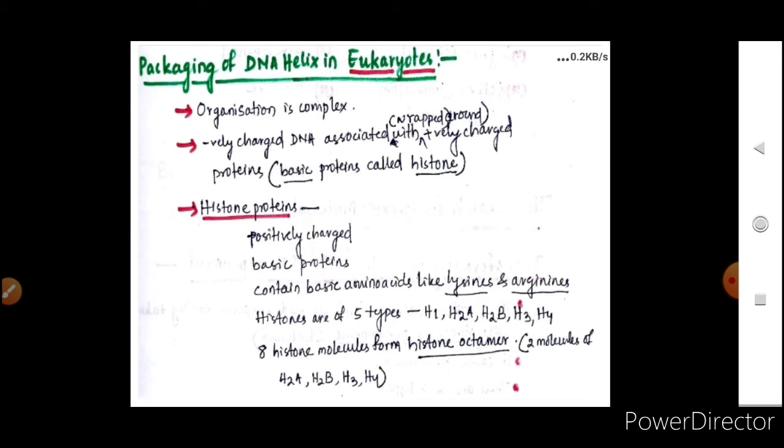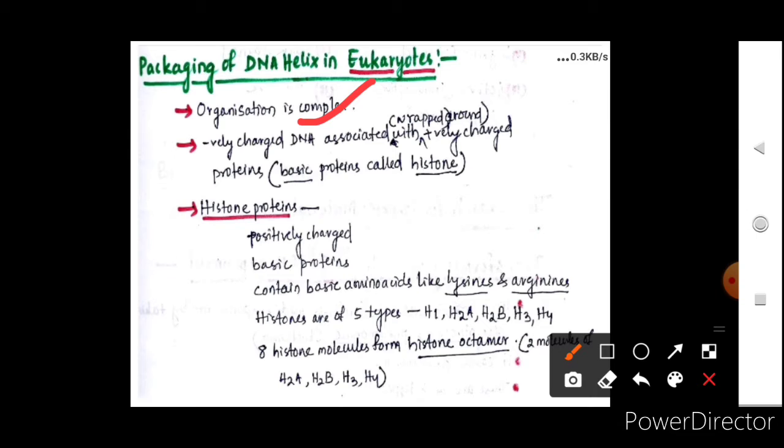Now when we talk about the organization of the DNA helix in eukaryotes, we can say that the organization is really complex. The negatively charged DNA, the negativity being due to the presence of the phosphate group, is wrapped around the positively charged proteins which are basic in nature, and these proteins are called histones.